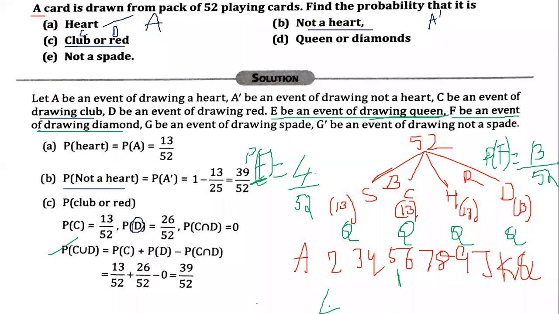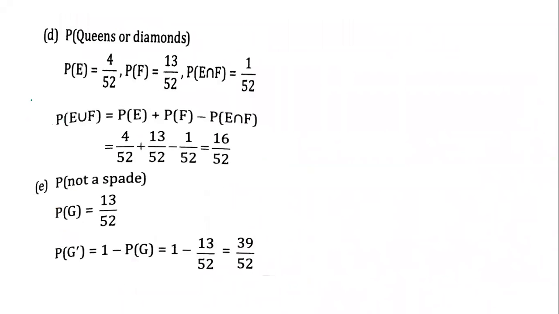So E intersection F. I always told you common is intersection. So E intersection F is 1 by 52. Now if you put 1 by 52 into the formula, you will get the probability.